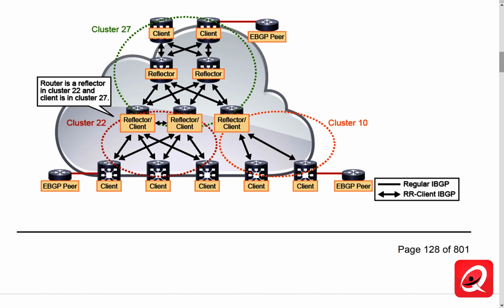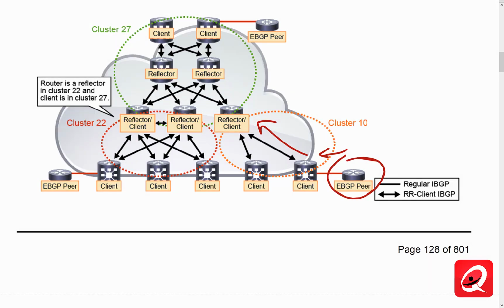If a client at the lowest level receives an eBGP update, we'll say from the right side here, we get an eBGP update from this router on the right, that information is going to be sent up to the route reflector. And of course, at a minimum, it's going to be reflected to the other client in cluster number 10.